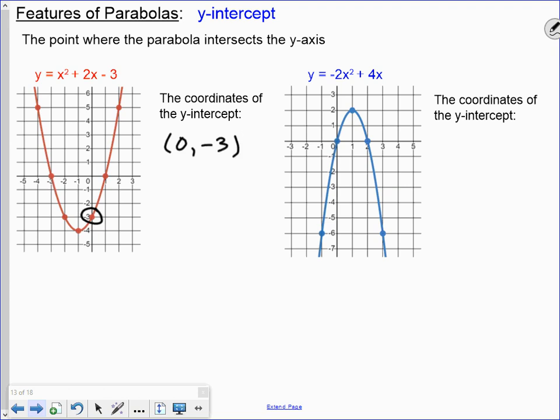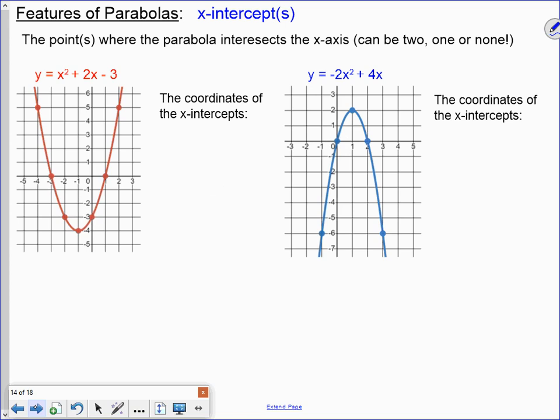Remember, just like with a linear equation, the x-coordinate has to be 0 for a y-intercept. Same thing in our other one. Our y-intercept is right here where it crosses the y-axis. This is the point (0, 0). And again, notice the x-coordinate has to be 0 for a y-intercept. Same as linear relations.